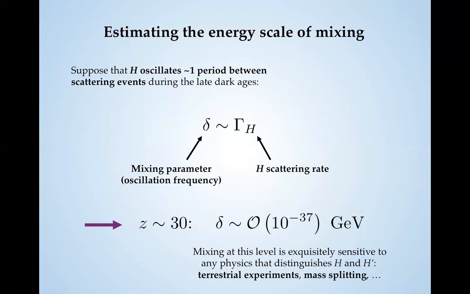But on the other hand, it means that H and H prime will have to be exactly equal in mass. And that's why we're using this Z2 symmetry, relating the standard model sector to the mirror sector.